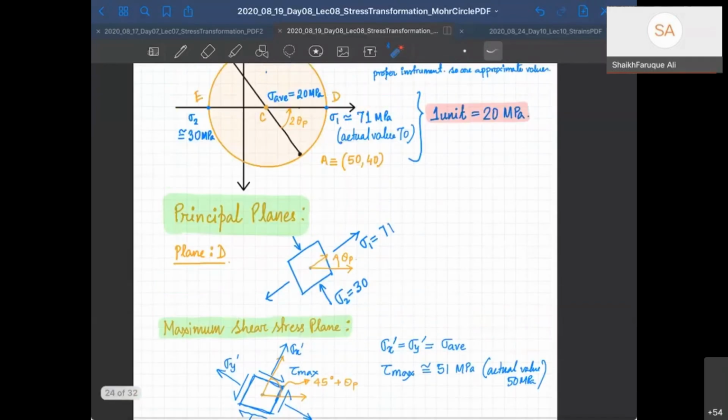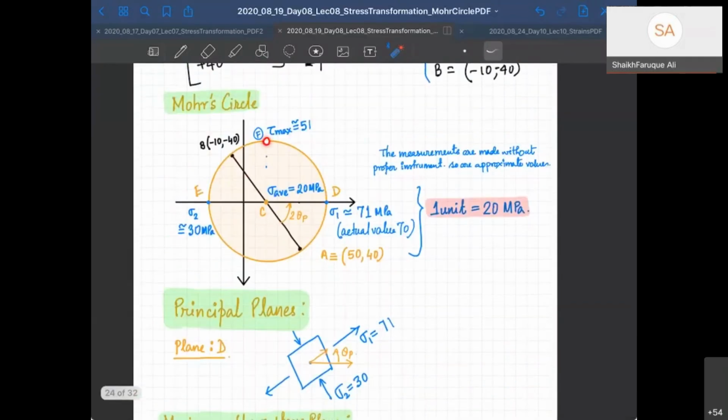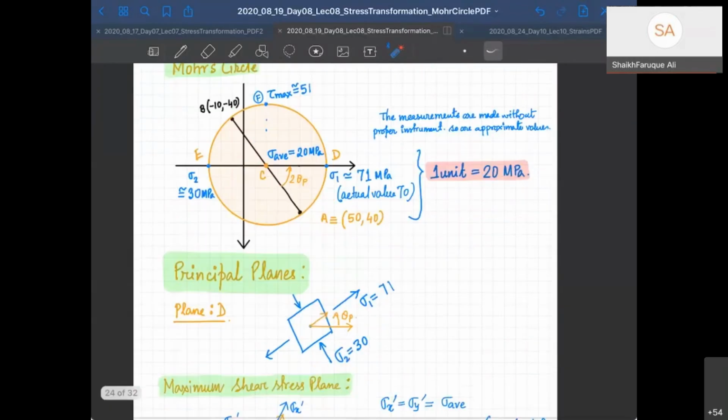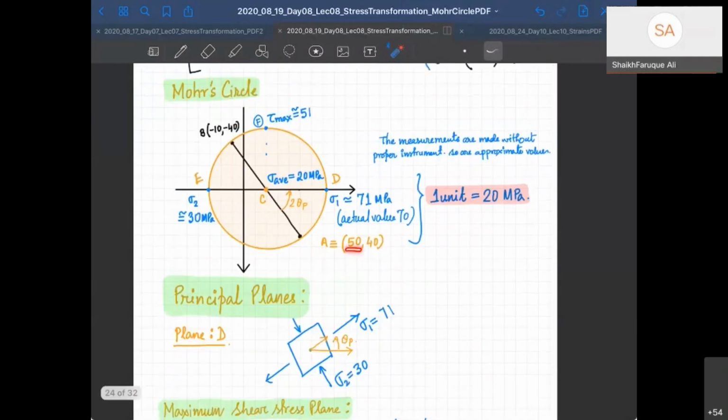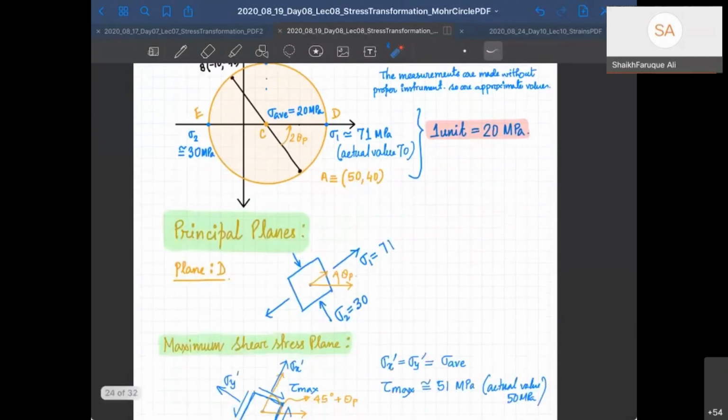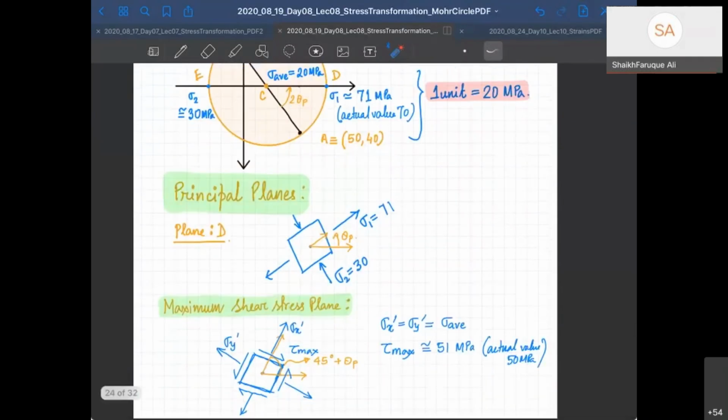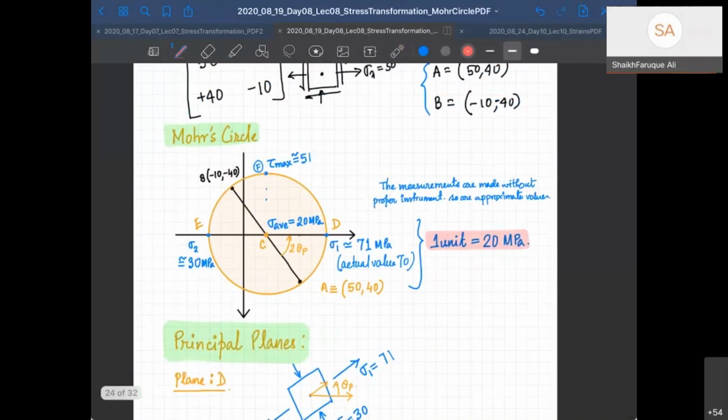And let's see here at this point what happens. At that point, you have your shear stress with sigma average, which is around 10, 20, right? So you can calculate: 50 plus minus 10 is 40, divided by 2 is 20. So that's going to be your sigma dash, the sigma average, equal to 20. And your tau we have found around 51.